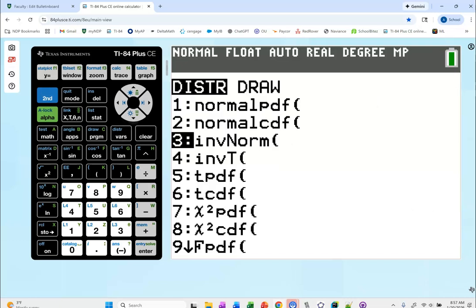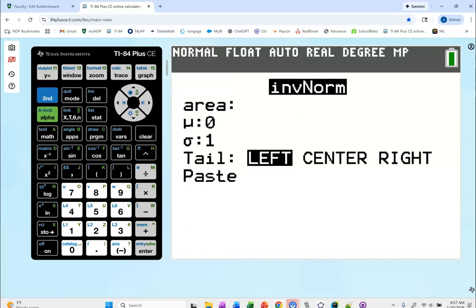If you want to recover the measurement from a probability, we're going to be using the inverse norm command. So our area was the 0.335. That's the probability that we were given. The mean and standard deviation were 0 and 1 because it told us this was a standard normal distribution in the problem. And then I just need to decide whether this is a left tail, right tail, or center tail.